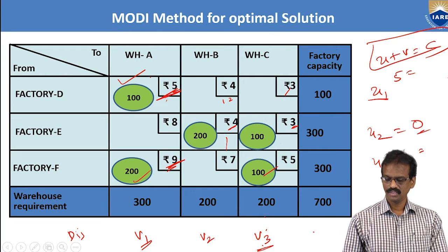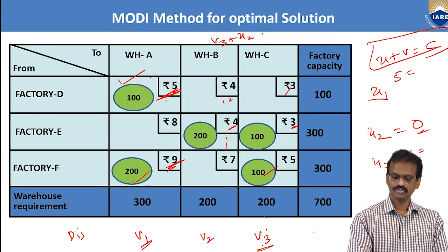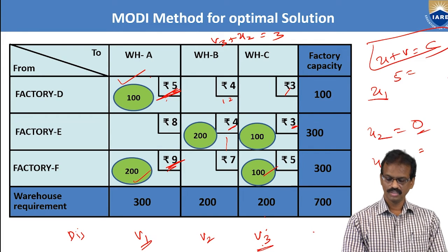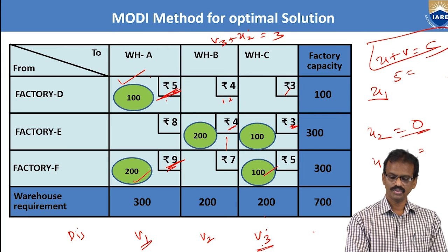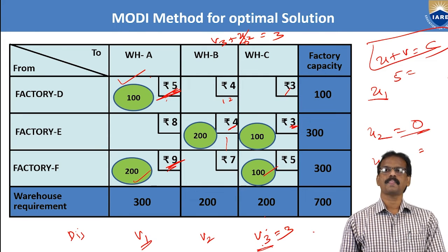You know the formula. For this one, this is the v3, this is the u2. So I have taken u2 is equal to 0. If u2 is equal to 0, then v3 is equal to 3.